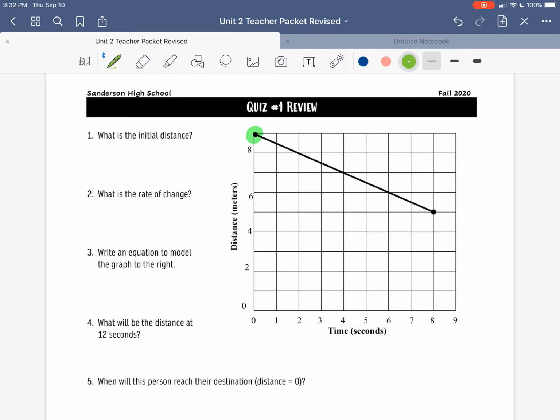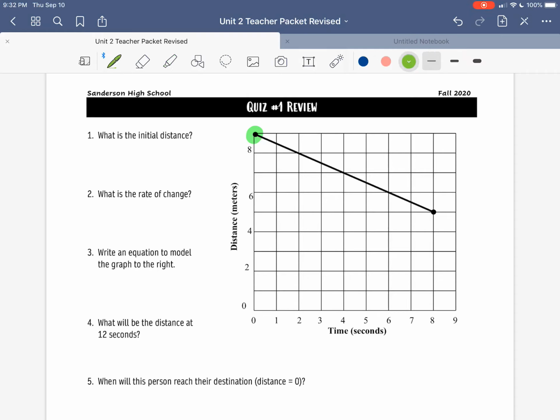Next, we look at rate of change. And so I told you guys I like to find the next nice point is what I call it. So when I'm talking nice points, the ones that match up nicely on the grid lines. And what I can see is that I drop 1 meter for every 2 seconds. And that pattern continues.